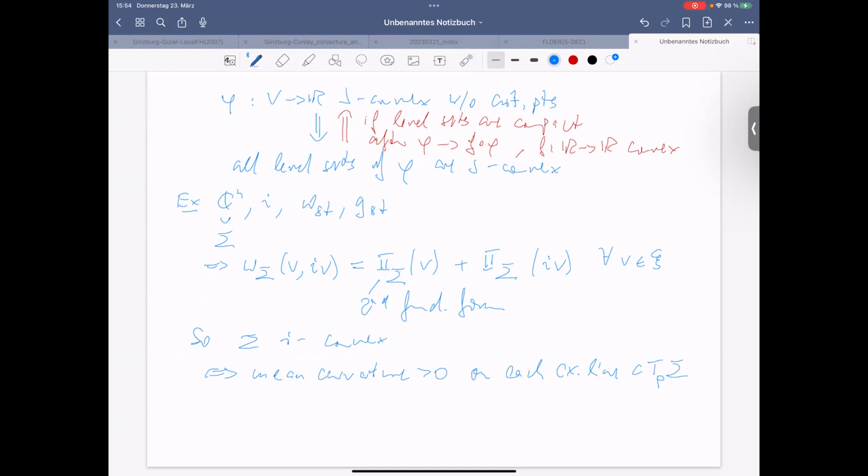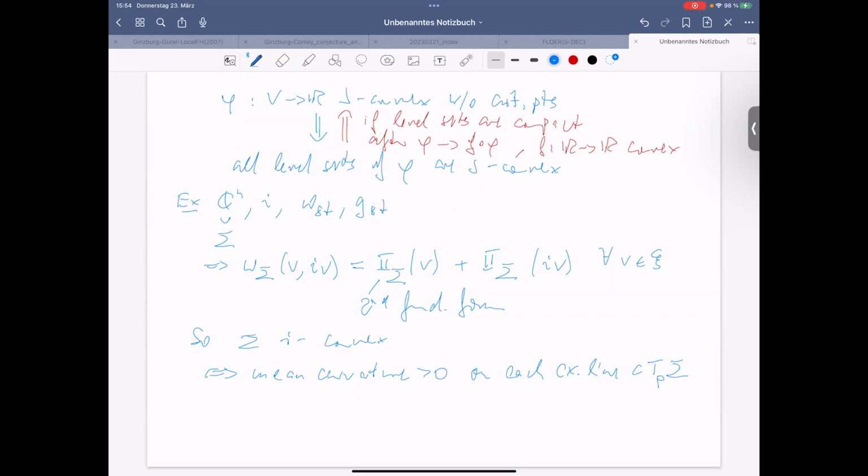So you take a point on sigma, you take any complex line in sigma, so a one-dimensional complex line which is contained in the tangent space to sigma, and then you take the mean curvature over that complex line. So you take a vector in that complex line and I times the vector and sum up the mean curvatures, maybe divide by 2. And if that is positive, that precisely captures this hypersurface being I convex.